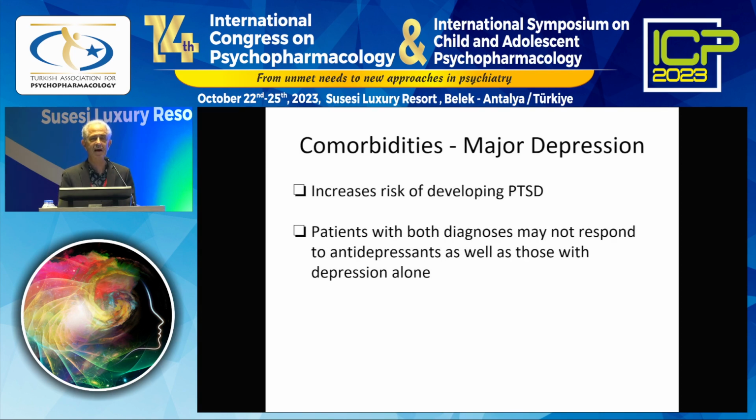So what if they have both? Well, they respond less well. And actually, it's a common issue in psychopharmacology. The more comorbidity you have, along with the primary problem that you're trying to treat, the less likely you're able to get the usual better response when that problem occurs as a mono problem, not complicated by comorbidities.